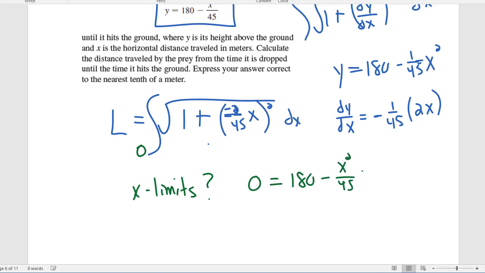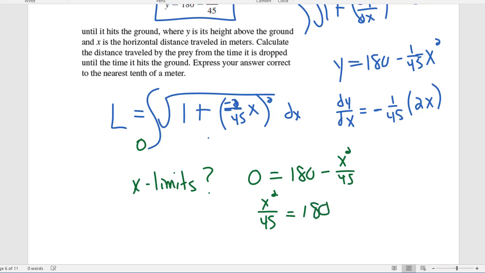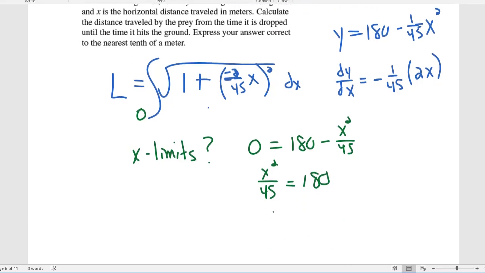I would go ahead and take this and add it to the other side. I've got x squared over 45 equals 180. Then I would multiply both sides by 45, and then square root both sides to get rid of the square. Without taking out my calculator, I know from the graph that must be 90, and there's my upper limit of integration, the 90.